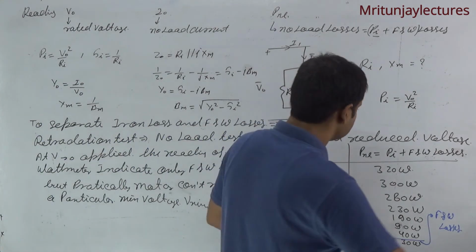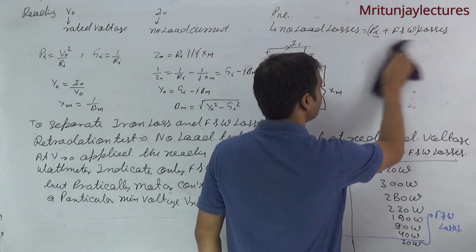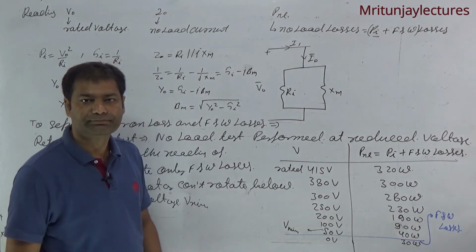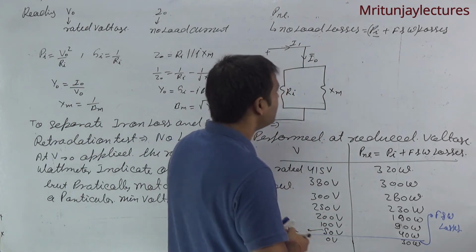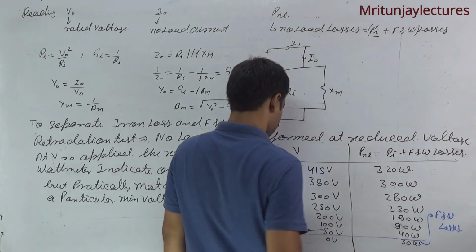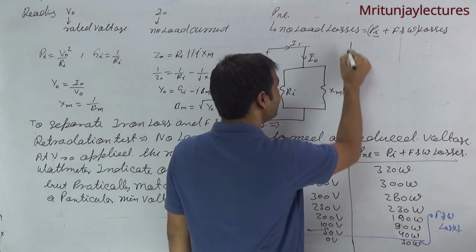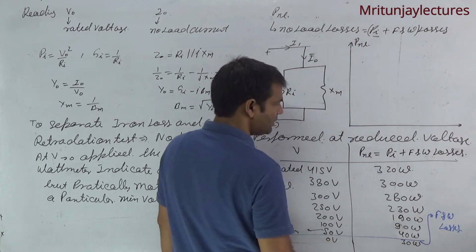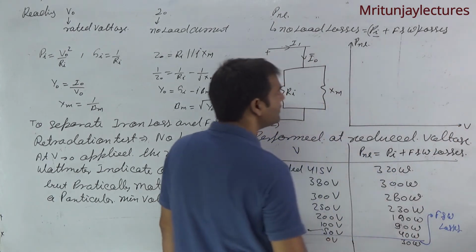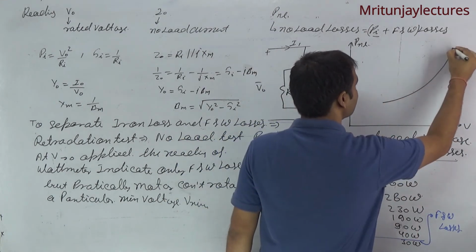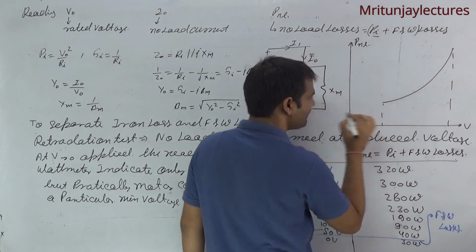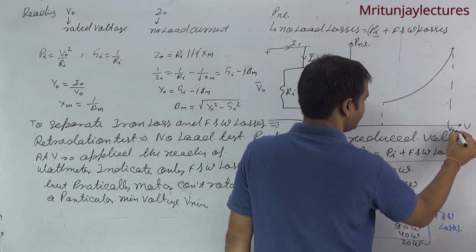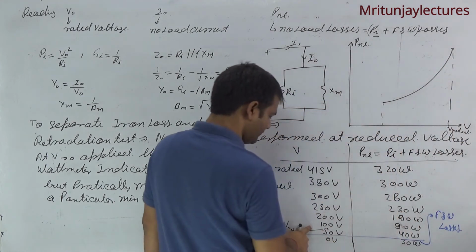So if you make the graph corresponding to this, that is no load loss P no load versus voltage, suppose the graph is like this, with rated voltage V rated and V minimum.